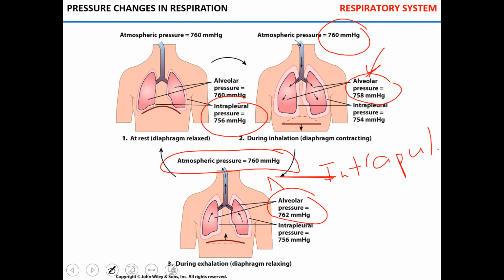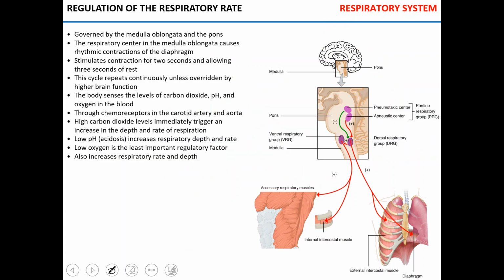And as I mentioned before, if intrapleural pressure and intrapulmonary or alveolar pressure for some reason become equal, then your lung will collapse.